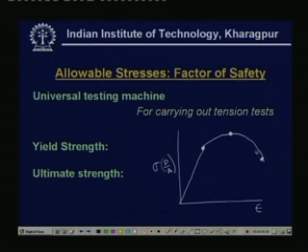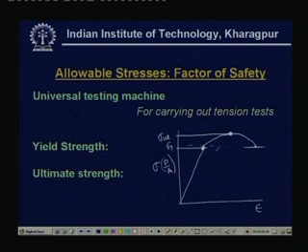Normally the fracture point is a little above, maybe somewhere around here. This is a schematic representation. So, this represents your sigma ut, sigma y, and this is the zone where the fracture comes out.